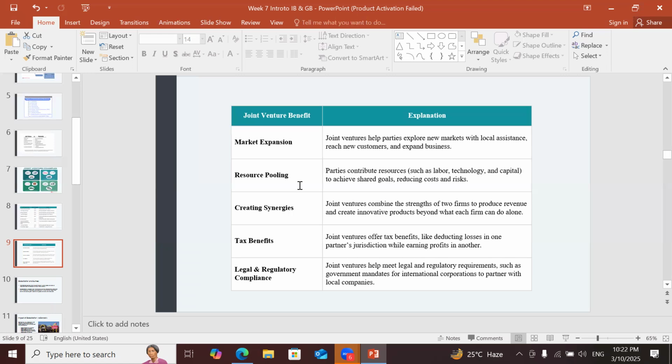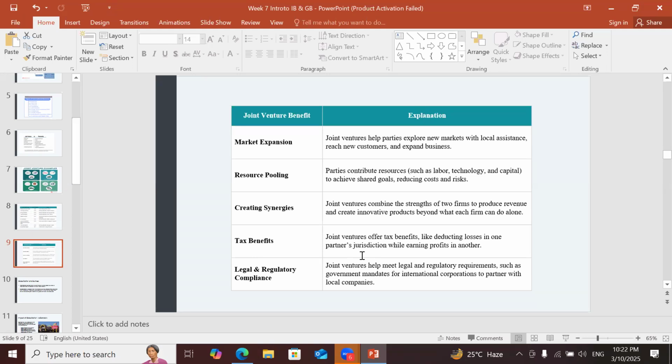In this case, the joint venture company needs certain synergies. Combined, two firms produce revenue and create an innovative product that each firm cannot do alone. Tax benefit: a joint venture company has comparatively less tax than a solo or individual company.